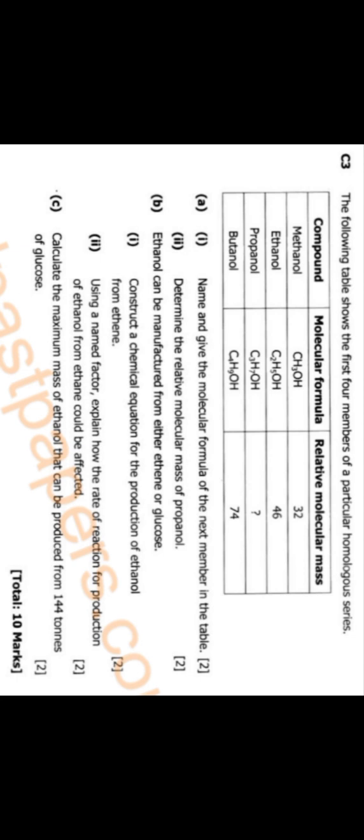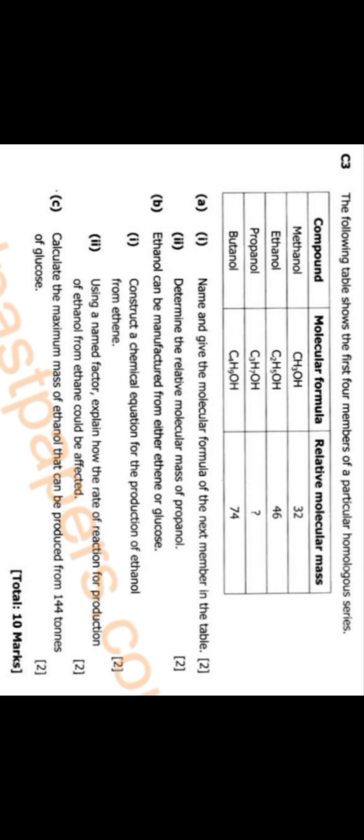This chemical equation is self-balanced. Just when you construct it, it is evenly balanced.